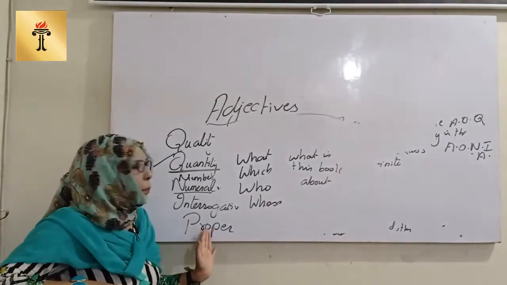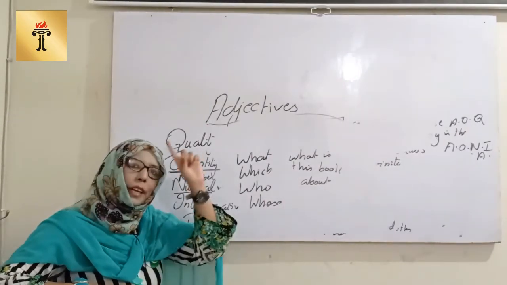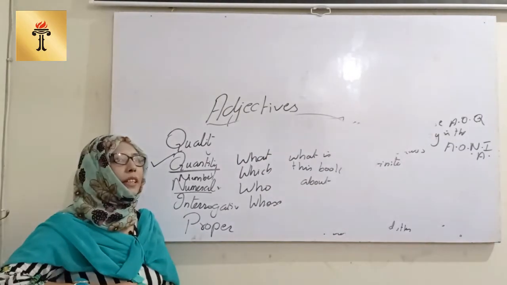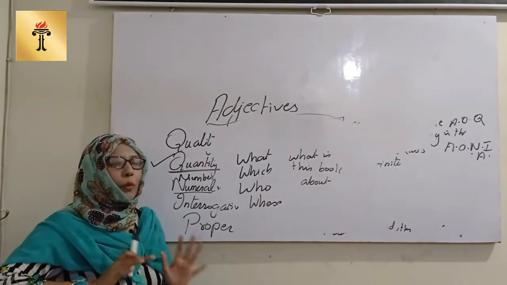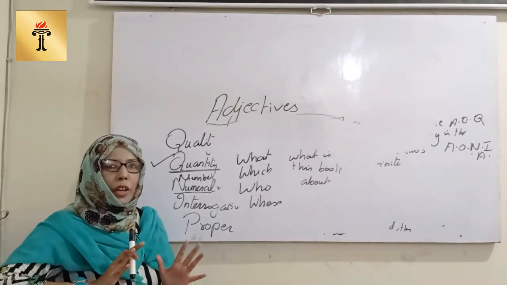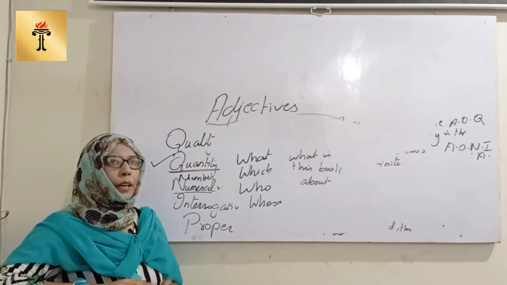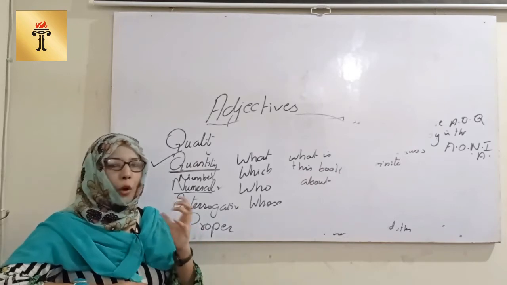The next is the proper adjective. Now recall lecture number 1 on nouns, in which we discussed that proper nouns are those which show some kind of possession, property.